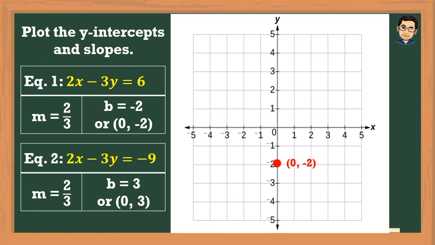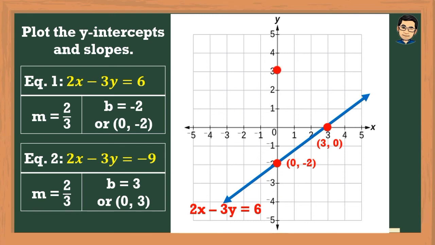Ibig sabihin, aakyat tayo ng dalawa, and then, pupunta tayo ng kanan, 3. So, nasan yun? Ayun po. So, I hope na visualize nyo yung rise over run. So, next, i-connect natin yung line na yon, ay yung mga points na yon. Yan ang graph ng 2x minus 3y is equal to 6.